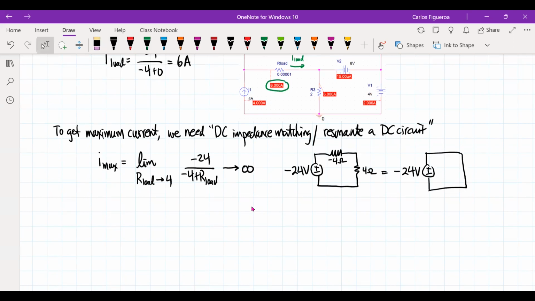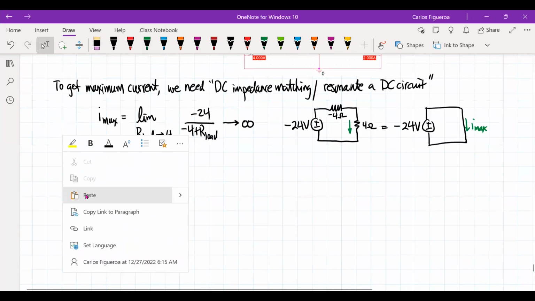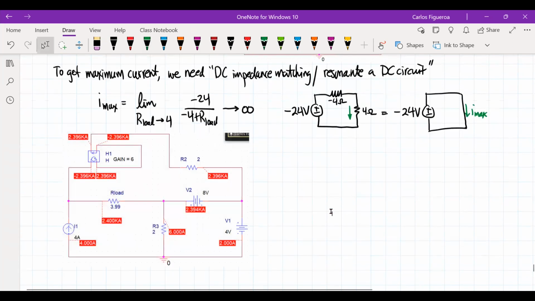I short out the power supply, right? I get I max when I short out the power supply. So now, look what happens. If I come back with my PSpice circuit, here's what I see. Here's my current again, and look at the value.